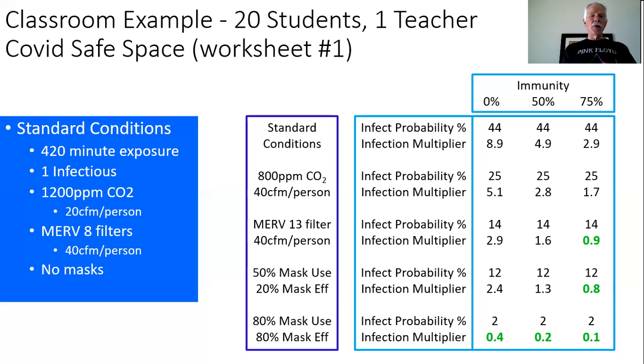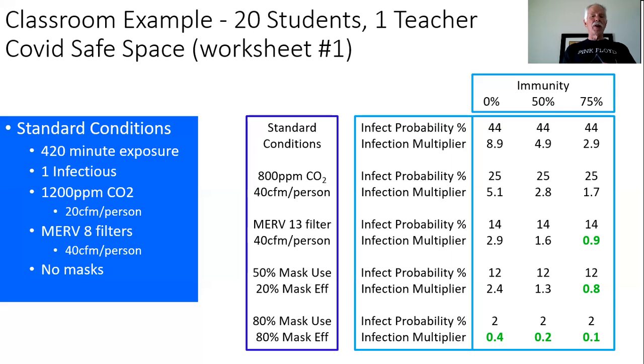And associated with that, where we had an infection multiplier of about 9, we've dropped the infection multiplier down to 3. We're still in a range where this disease will rage and accelerate in transmission, but 3 is much better than 9.